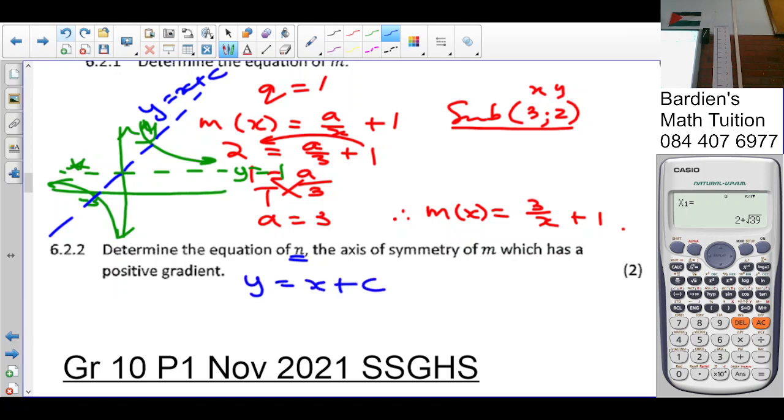If they had said a negative gradient, it would have been the one going through like that, which is y is equal to minus x plus c. But that wasn't the question. The question was with regards to the positive gradient. So y is equal to 1x plus c. Of course, we know that this here is going to be your c value, which is 1. So c is equal to 1. Therefore, my equation is y equals x plus 1.